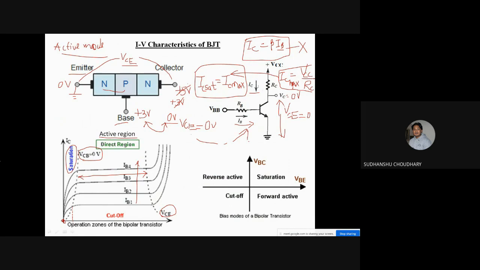Okay. In MOSFETs also we had seen that the middle region was used for amplification, but there the middle region represented a drain current which was constant, whereas here the collector current will depend upon the base current. If the base current is increased, the collector current will also increase via this relation.